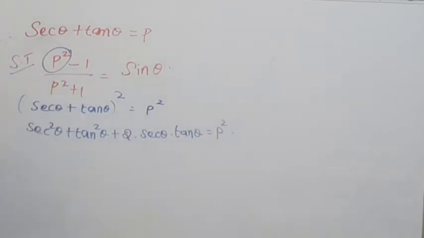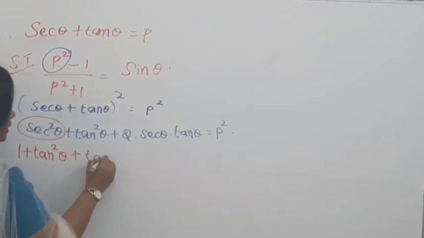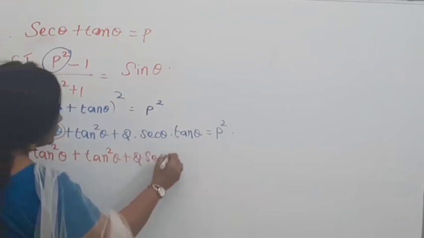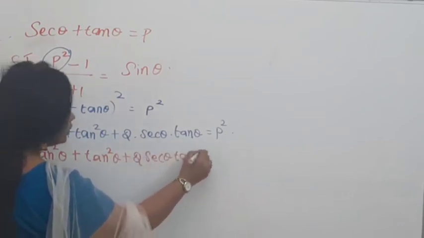Now you can see here sec square theta, I can write it as 1 plus tan square theta. So the identity I use is 1 plus tan square theta is equal to sec square theta, plus my tan square theta plus 2 sec theta tan theta is equal to P square.